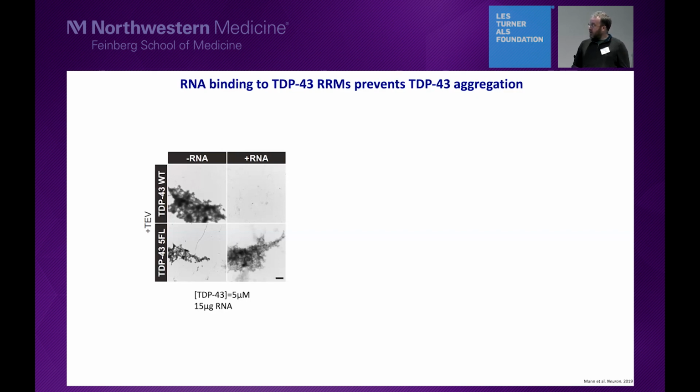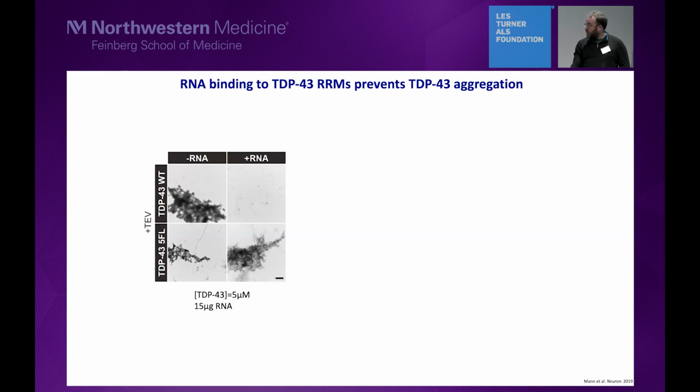And so we wondered whether we could antagonize this very rapid aggregation of TDP-43 by simply including bulk RNA in this reaction. And so here, just including total yeast RNA in this reaction, we very potently stop this spontaneous TDP-43 aggregation process.